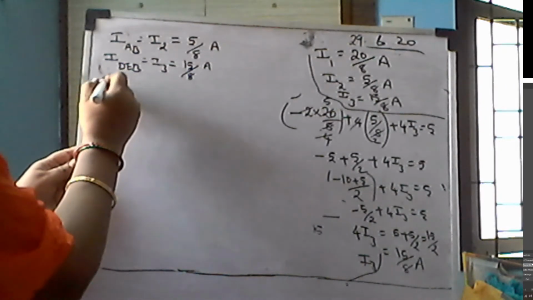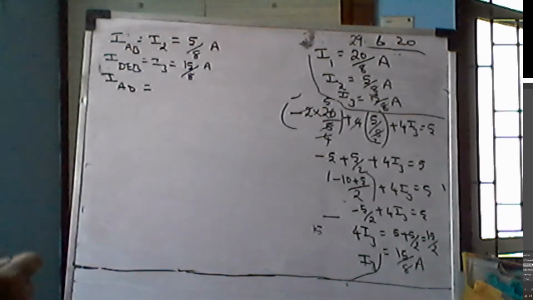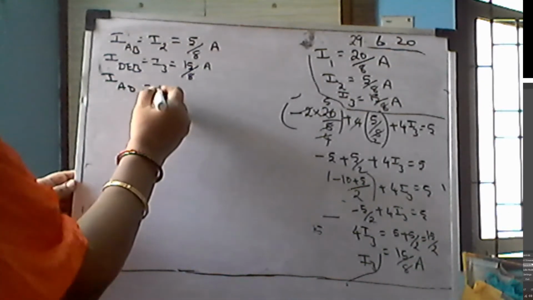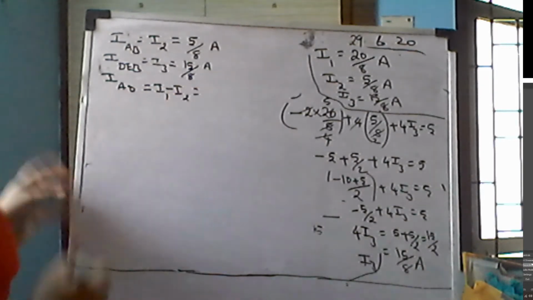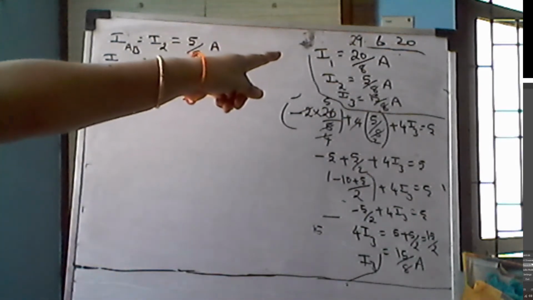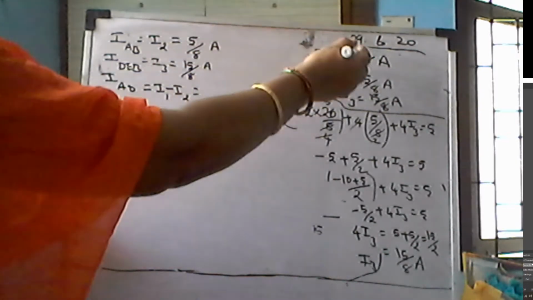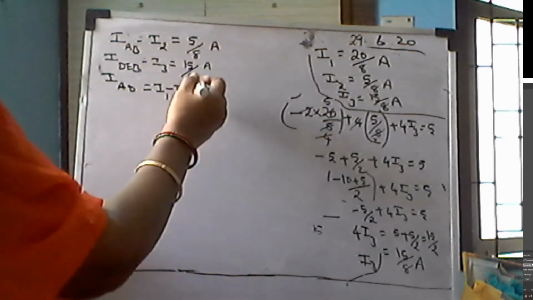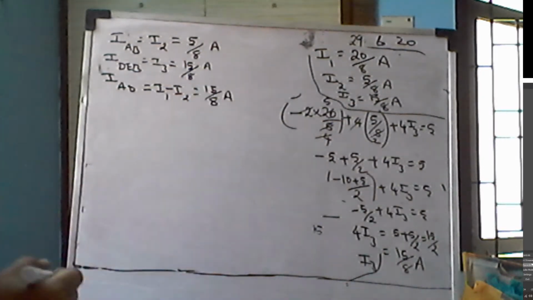I across AD is nothing but I1 minus I2. I1 is 20, this is 5, so 20 by 8 minus 5 by 8, 15 by 8. Again this is 15 by 8 ampere.